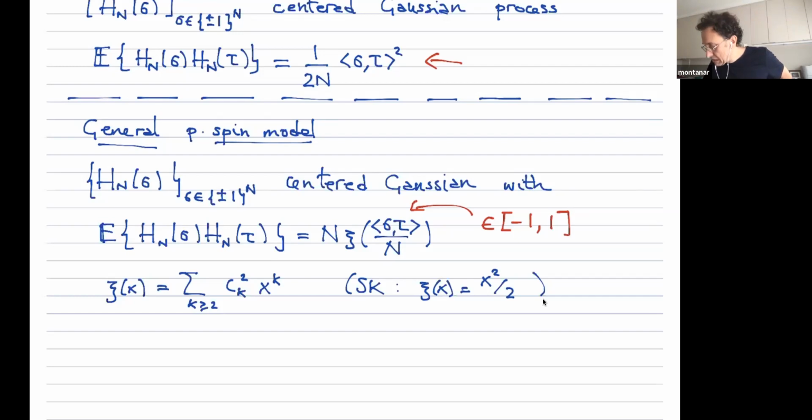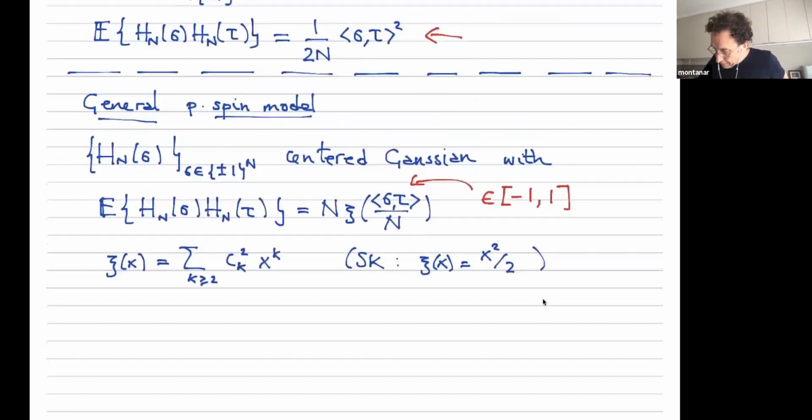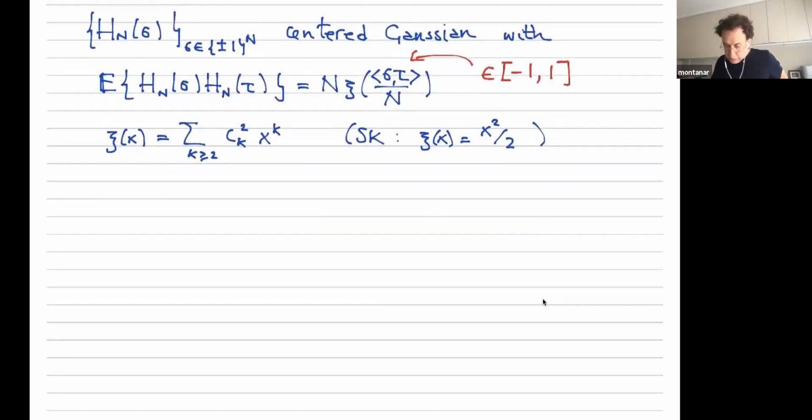You can always think that this is a polynomial if you prefer. The model is rich enough if you just think of a polynomial. In fact, there is not a lot to gain by looking at general analytic functions. The special case of the Sherrington-Kirkpatrick model is recovered if I take the function psi of x equal to x squared over 2.